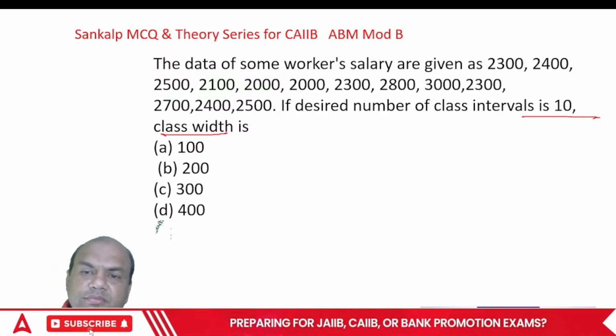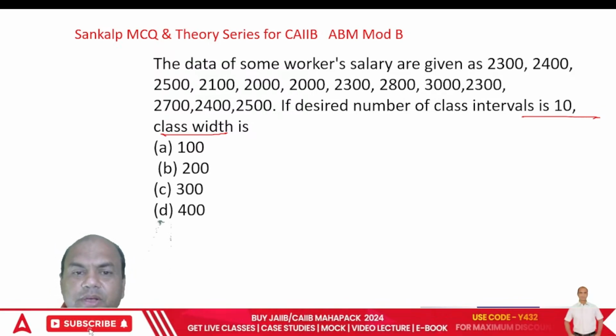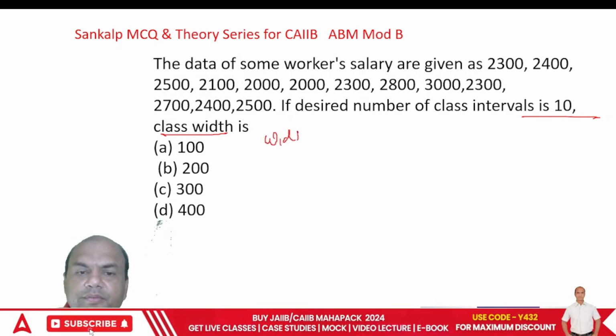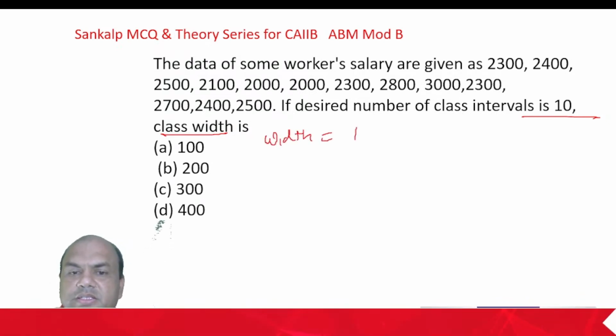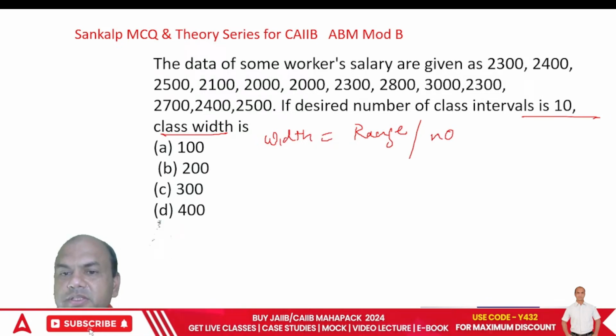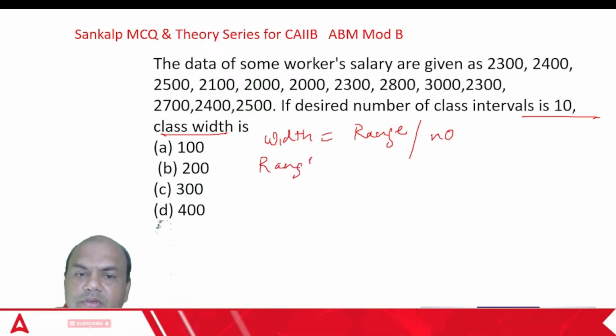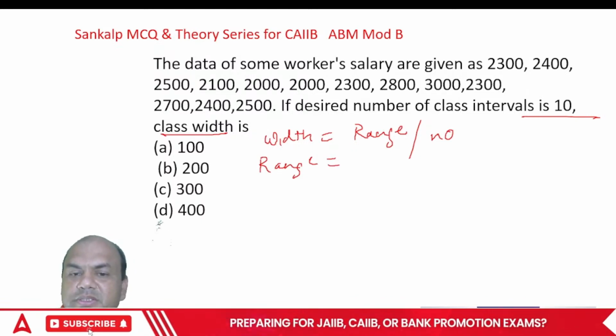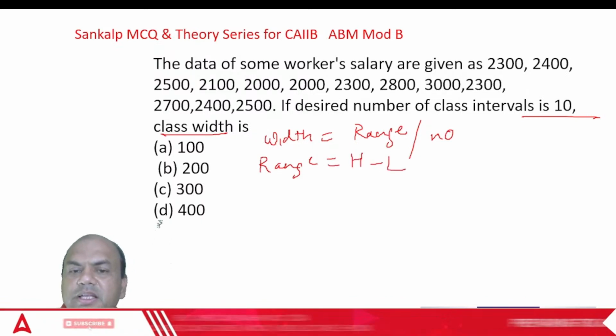Suppose it is like this: width equals range divided by number. Number means the number of classes, how many intervals are required. What is range? Range equals highest minus lowest. What is the highest one over here?